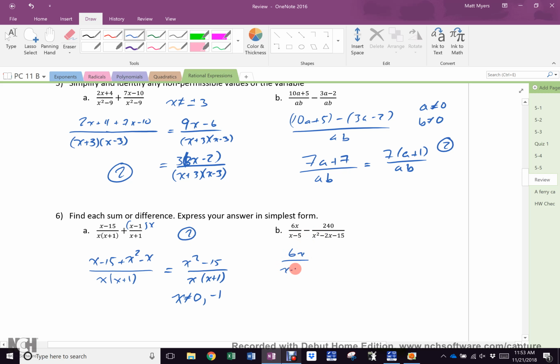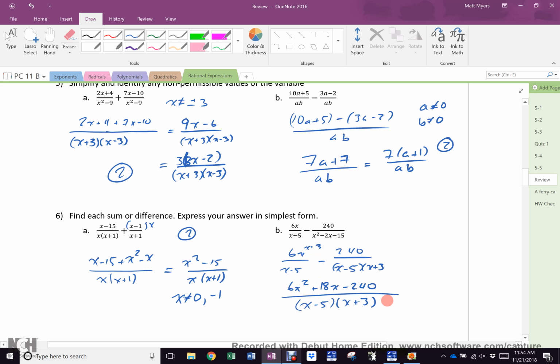6x over x minus 5 minus 240 over x minus 5, x plus 3. What's my common denominator? What does this guy need? X plus 3. 6x squared plus 18x minus 240 over that.